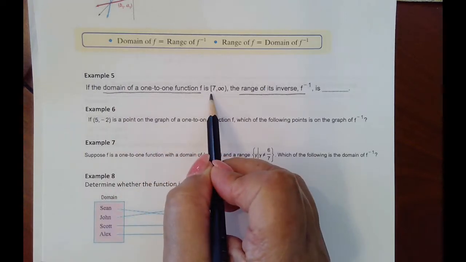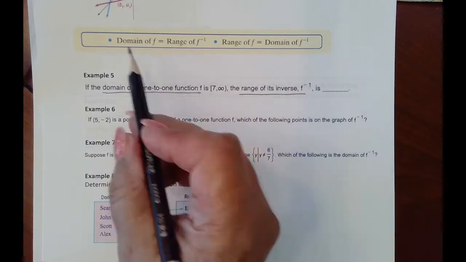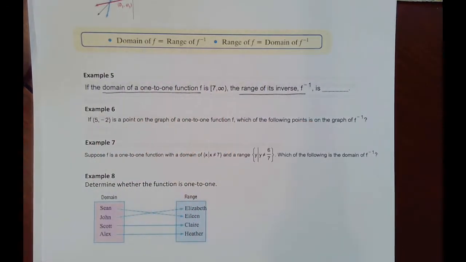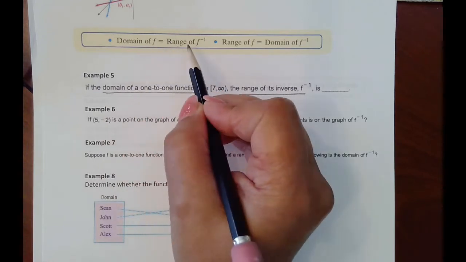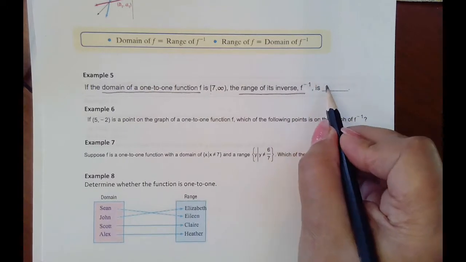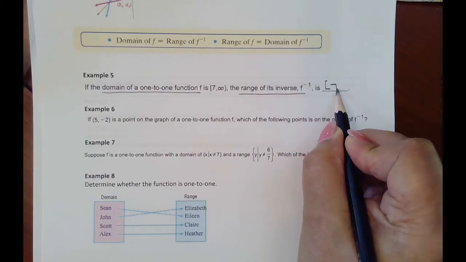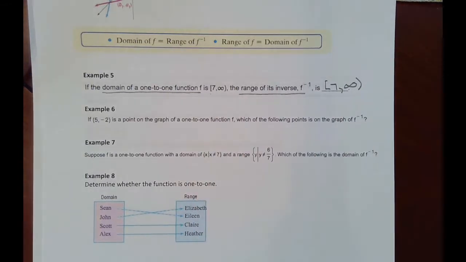So when you complete this, you are using this right here, which says the domain of the original and the range of the inverse are exactly the same. So if one is 7 to infinity, so is the other one.